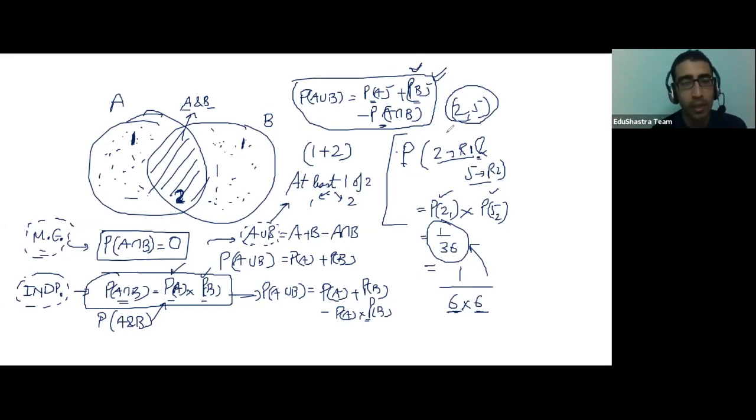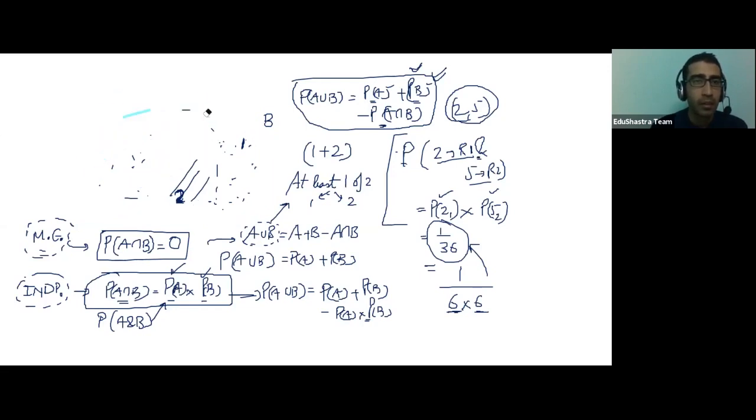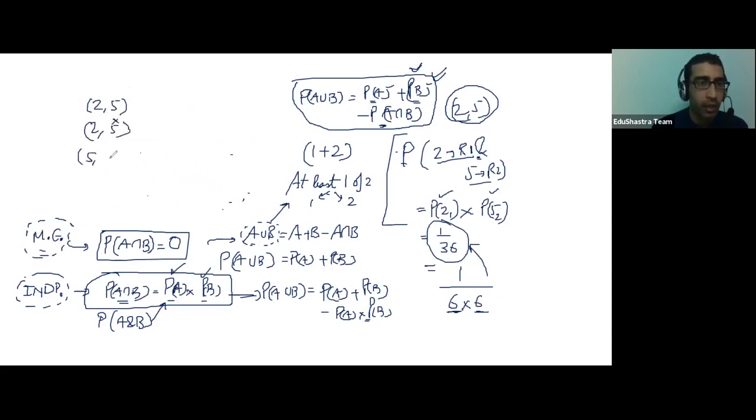If you have to make cases, then you have to make cases like getting... So yeah, let me write that. I think we don't need the diagram now. The cases would be getting 2 on dice 1 and getting 5 on dice 2, getting 2 on dice 1 and not getting 5 on dice 2, getting 5 on dice 1 and getting 2 on dice 2, getting 5 on dice 1 and not getting 2 on dice 2.